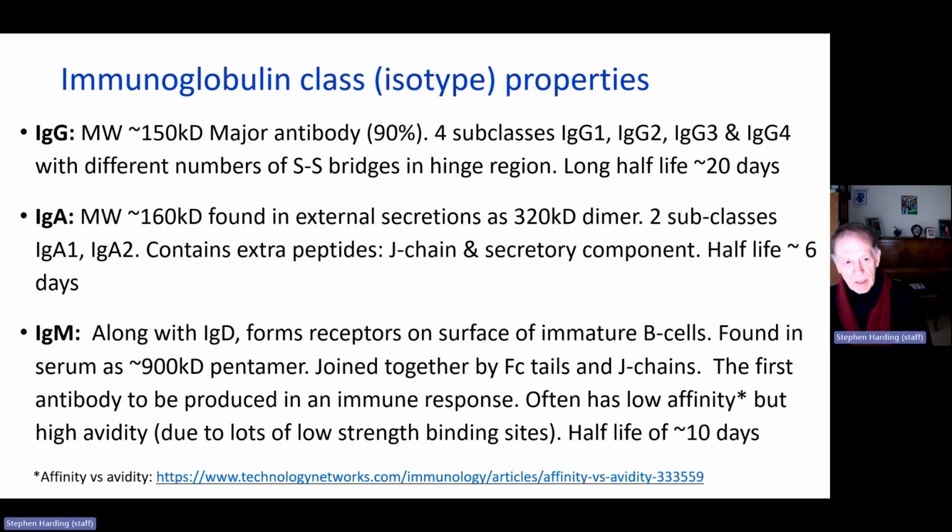And this has 2 subclasses, IgA1, IgA2. And it contains extra peptides, the J chain, which links the monomers together in a covalent fashion, and something called the secretory component, and has a half-life on average of about 6 days.